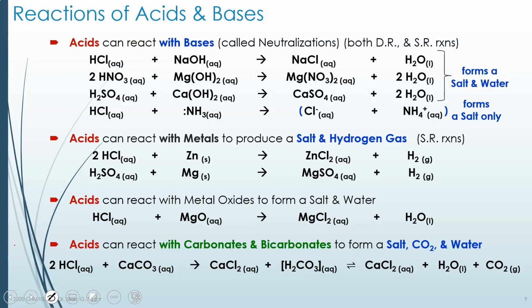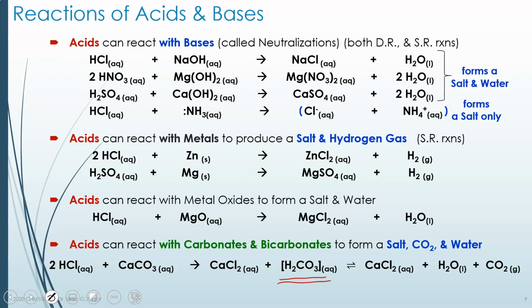The calcium will bind to the chloride to make calcium chloride salt, and the other product will be the H pluses from the acid reacting with the carbonate from the calcium carbonate to make this new acid called carbonic acid.